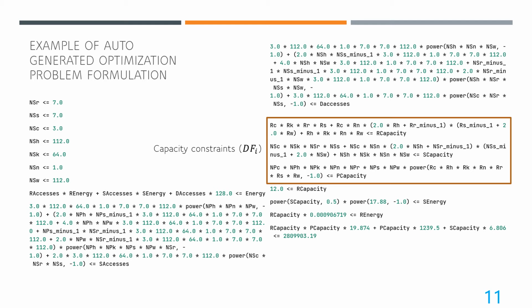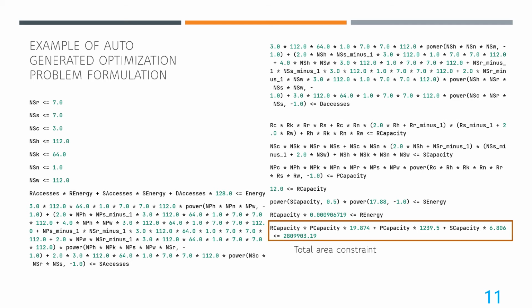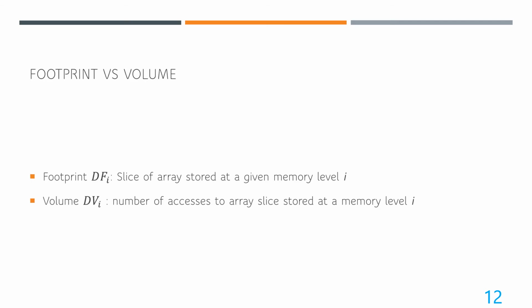Both the data footprint and data volume expressions are functions of tile size variables. The capacities at different levels in the memory hierarchy, R capacity, S capacity, etc., are also variables in the optimization problem in addition to tile sizes.